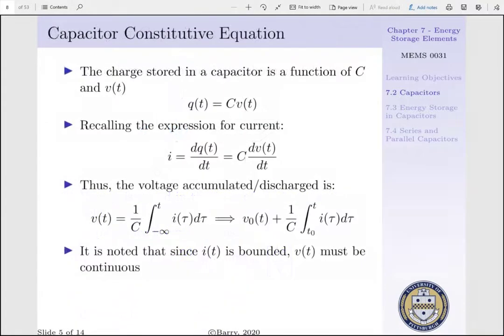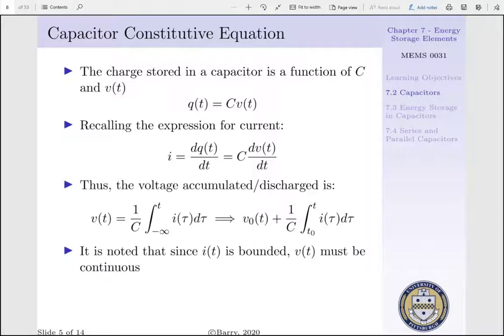Now, the constitutive equations describing the behavior of a capacitor are as follows. The charge stored as a function of time is equal to our capacitance times the voltage potential established across our capacitor, i.e. Q is equal to CV. Now, if we recall our expression for current, our current is the time rate of change of charge.